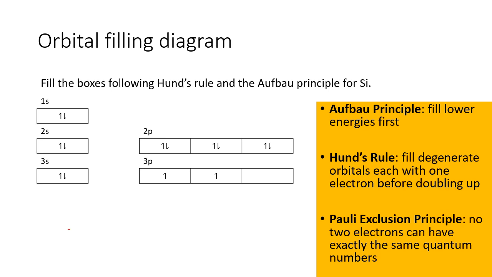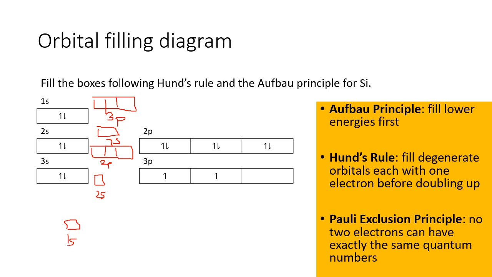So we'd have a box for the 1s, and then up here we'd have 2s, and then above that 2p, and we'd have 3s above that, and all the way up there 3p. This gives us increasing energy as we go up, which most of us prefer.